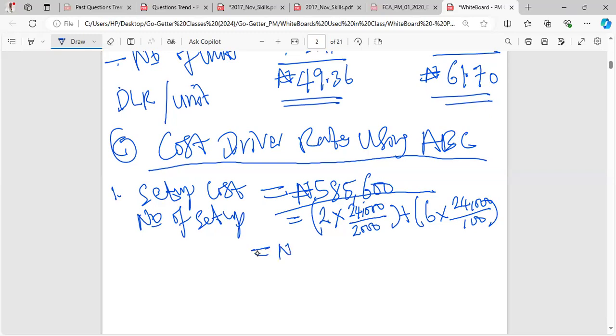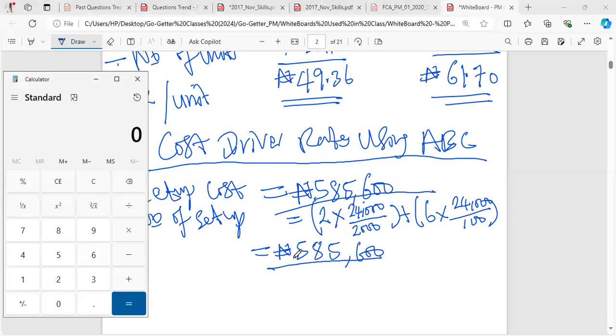This will now become 585,600 divided by, now let's work this out. We'll say, let's do the division, then we'll multiply.